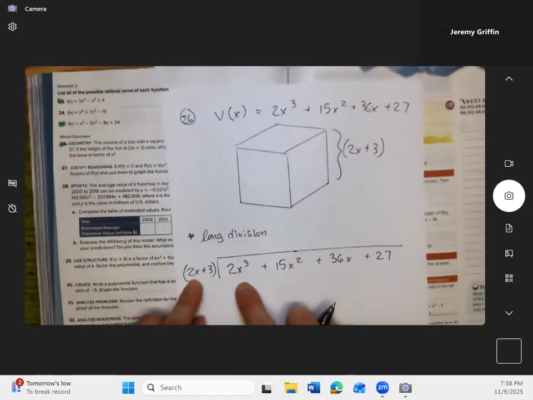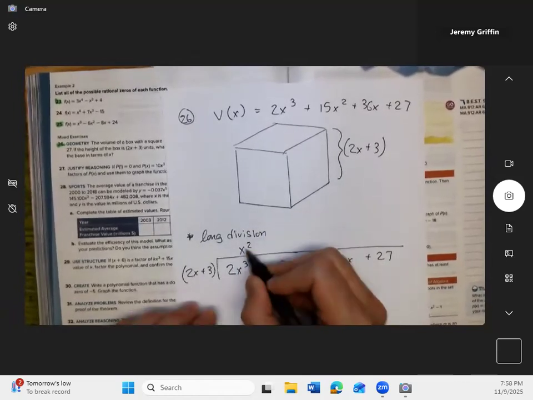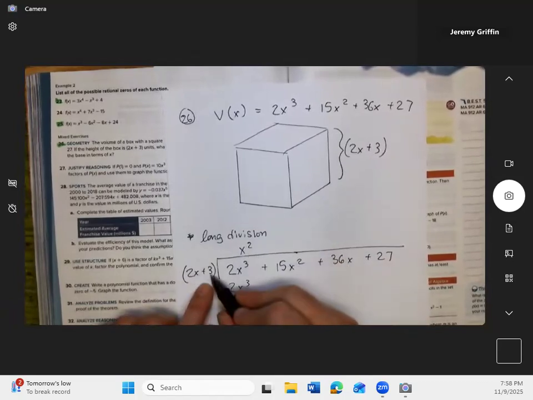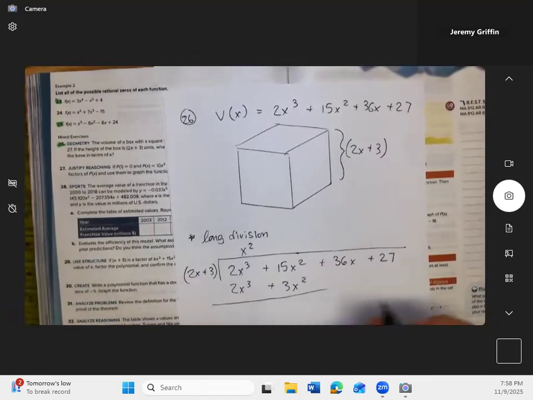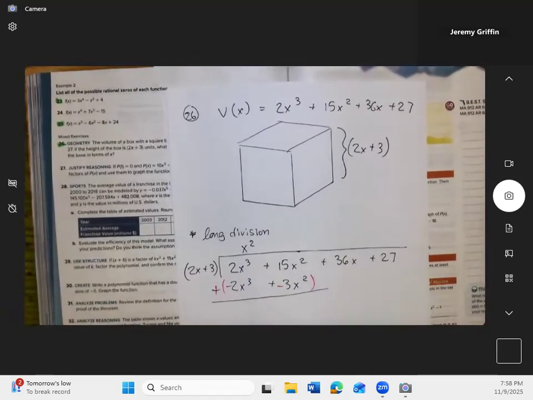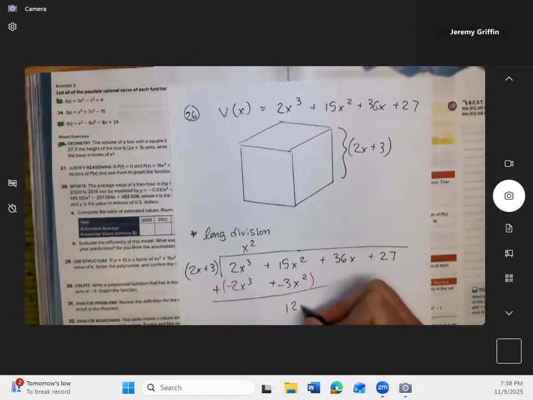How many times does 2x go into 2x to the 3? Well, that would be x squared times. x squared times that is 2x to the 3. That's a match. Now x squared times 3 is 3x squared. Subtract this off, so plus minus minus. This zeroes out, which it should, and this leaves me with 12x squared.